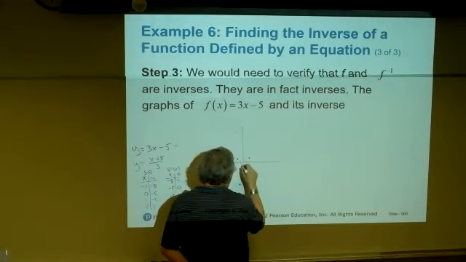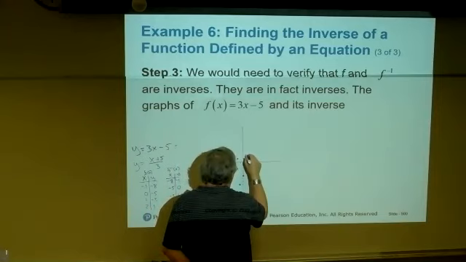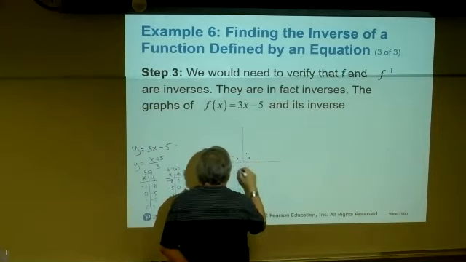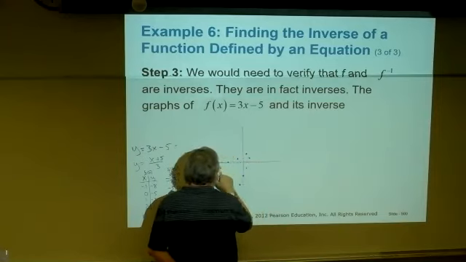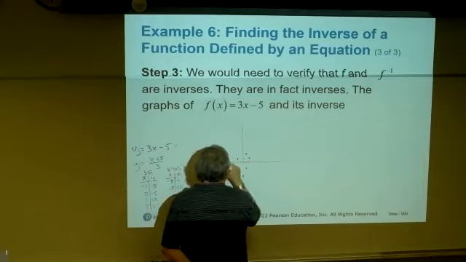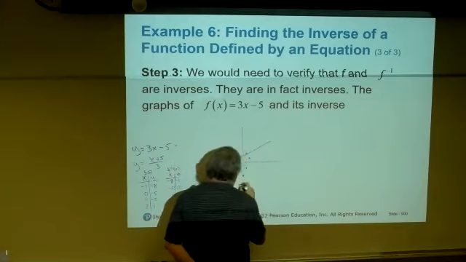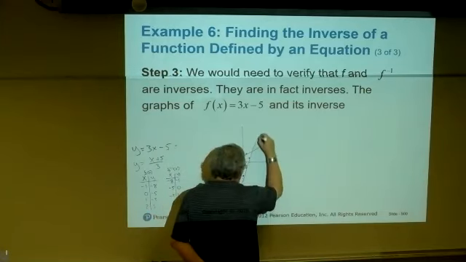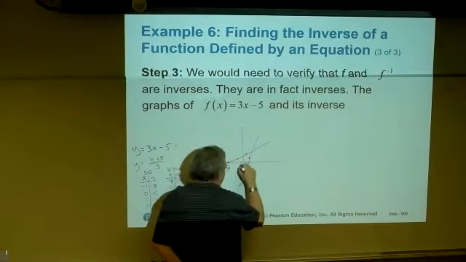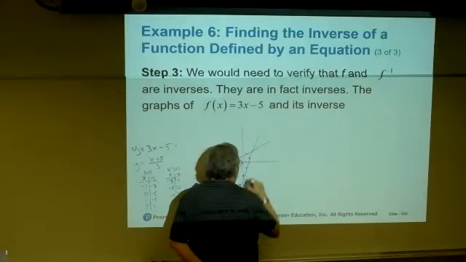And then at 1, it's at 2. So we have that line, and we have this line, and where they intersect will be on the line y equals x.